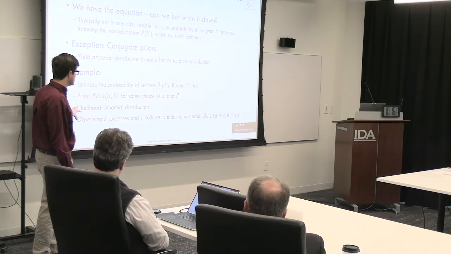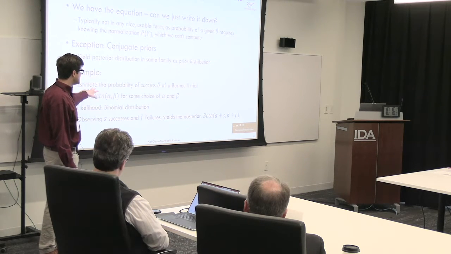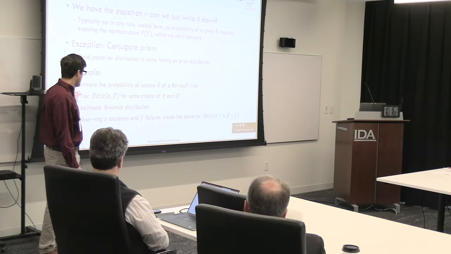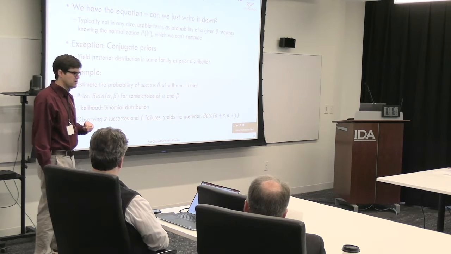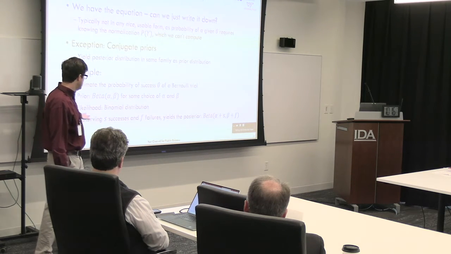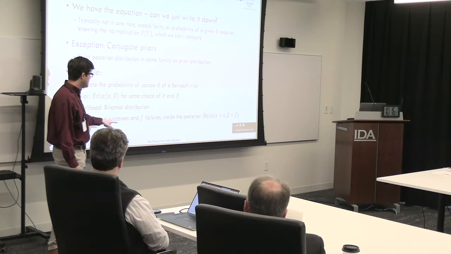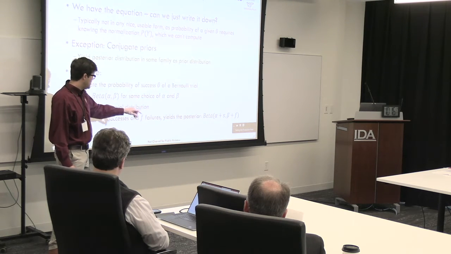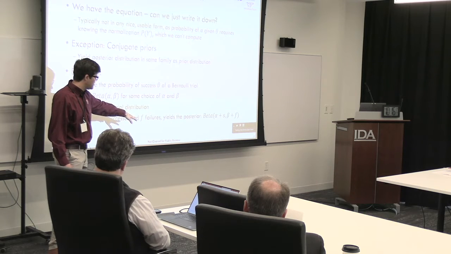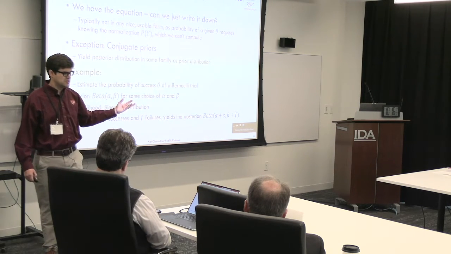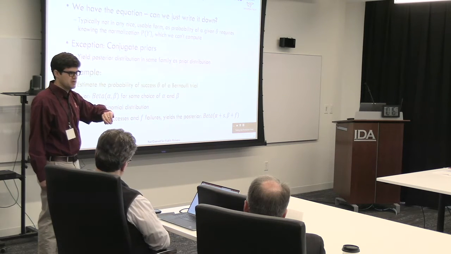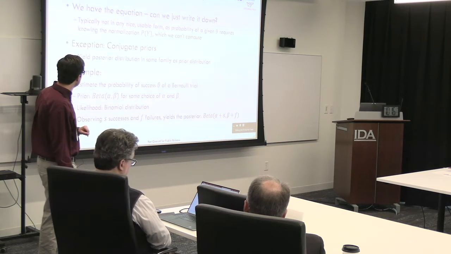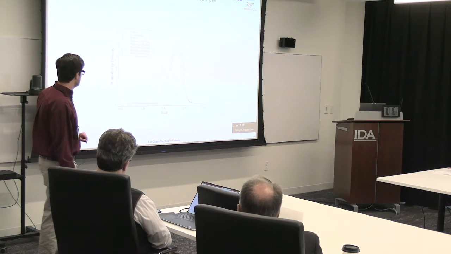As a simple example, if we want to estimate the probability of success of a Bernoulli trial, often people take the prior to be a beta distribution for some choice of parameters, and the likelihood is the binomial distribution. When you compute it, if you get S successes and F failures, you get out a beta distribution where your new alpha is alpha plus S and your new beta is beta plus F.